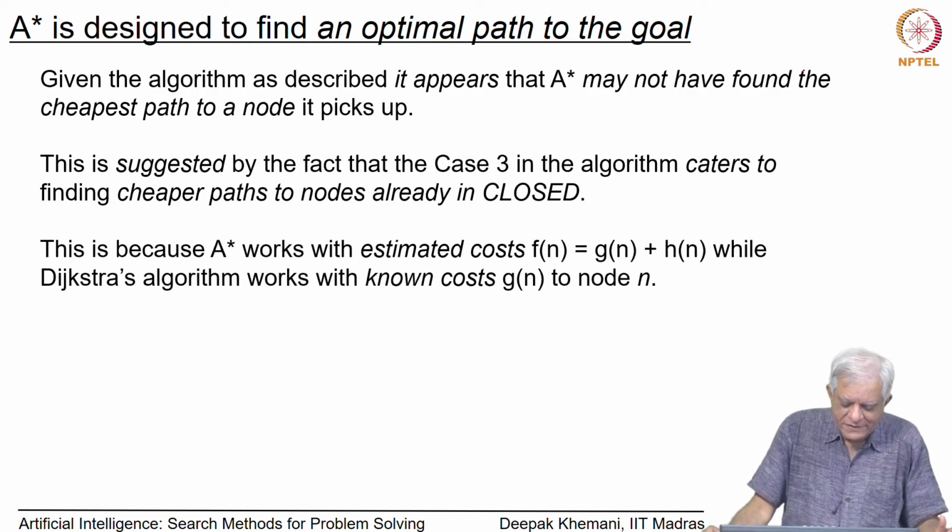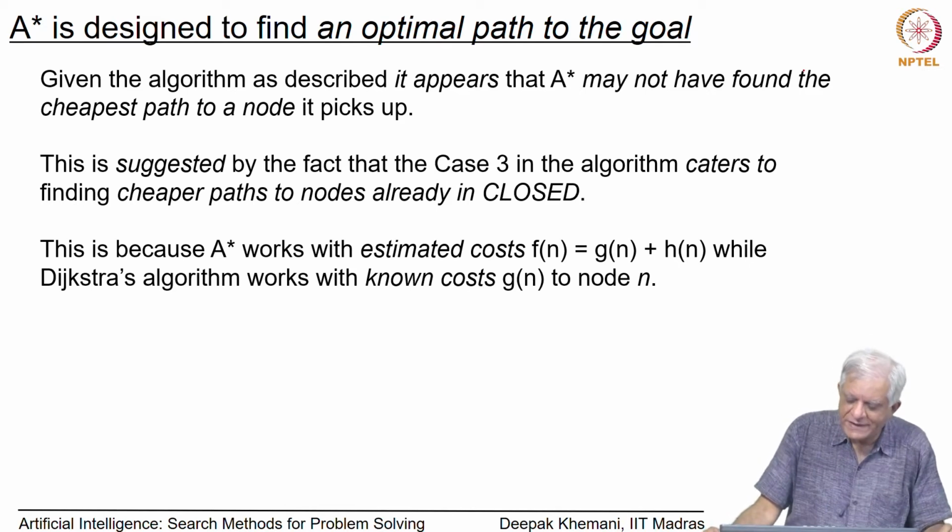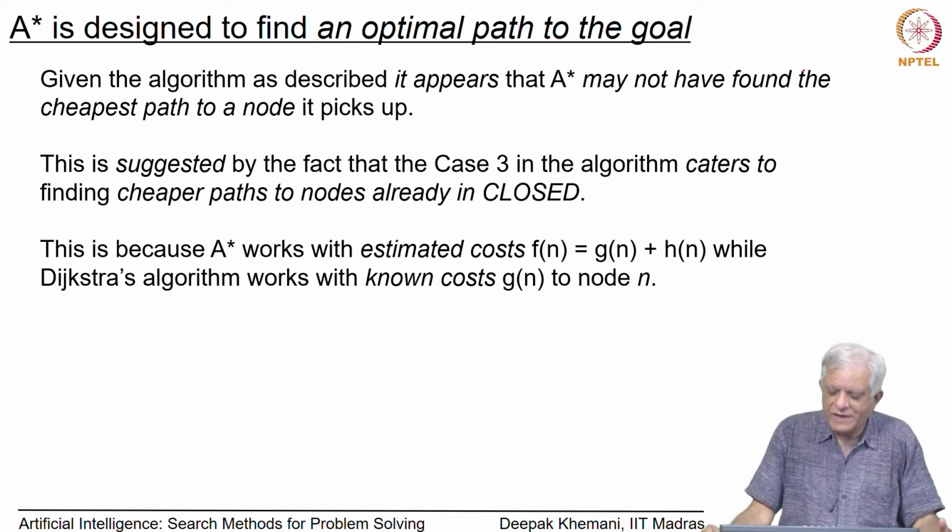Why does this happen? This is because A star works with estimated costs, f of n. Remember, f of n is the estimated cost of a path from the start node to the goal node which passes through the node n.